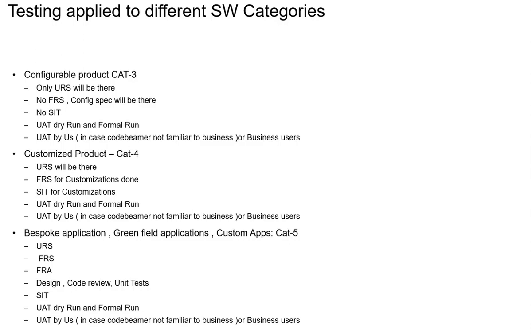What are the stages we have? The SDLC stages, which Swapna or somebody was presenting yesterday: your user requirement specification, your functional requirement specification, your FRA. And because it's completely newly done, obviously you have to do your design, code reviews, and unit tests. You may get confused about why Shiva is talking about design, code reviews, or unit tests. As I told you several times, we are representing the TCOE.